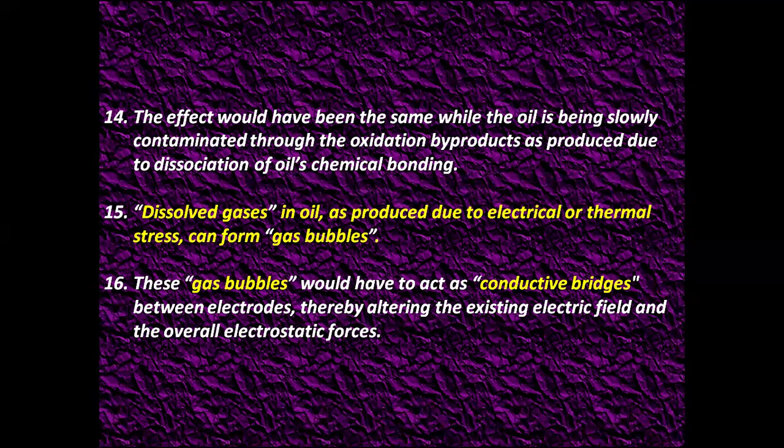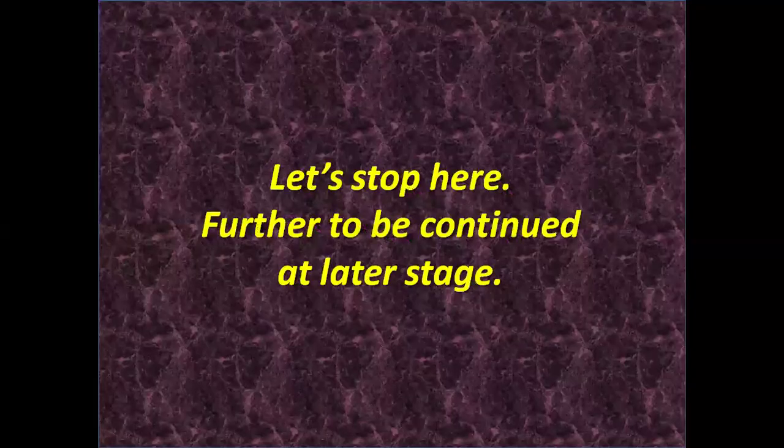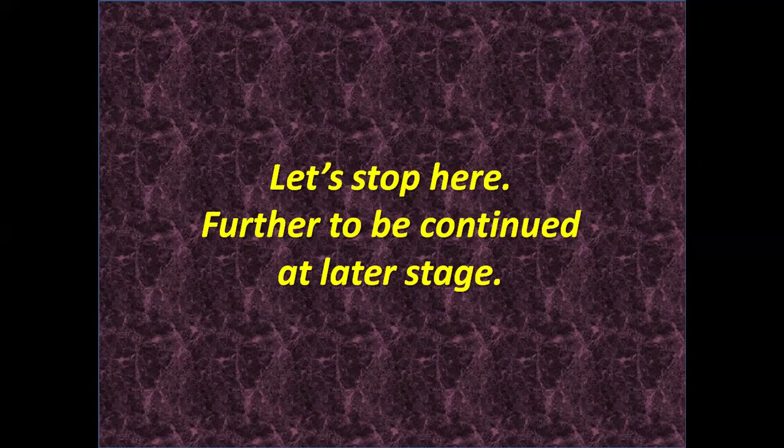These gas bubbles would act as conductive bridges between electrodes, thereby altering the existing electric field and the overall electrostatic forces. Let's stop here, to be continued at a later stage.